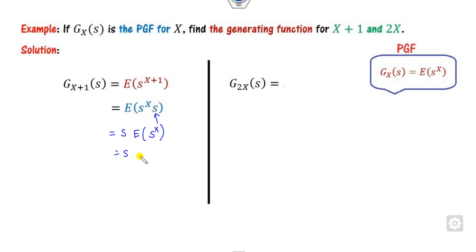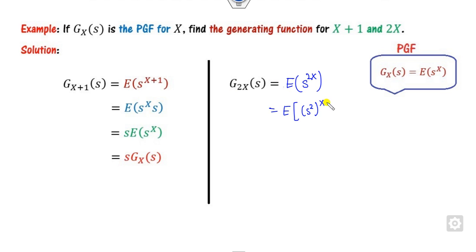This is nothing but my PGF of X. Similarly for 2X, you can start from this. If you compare this value, I can write this as the PGF at s square. This is the way you can solve these PGF problems.